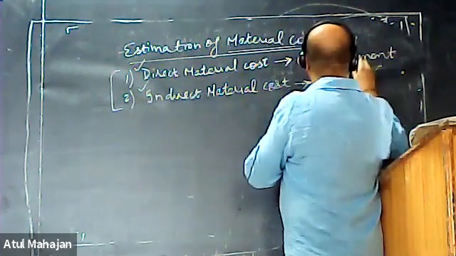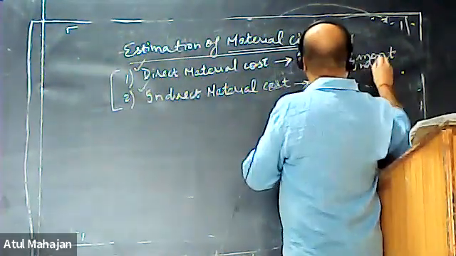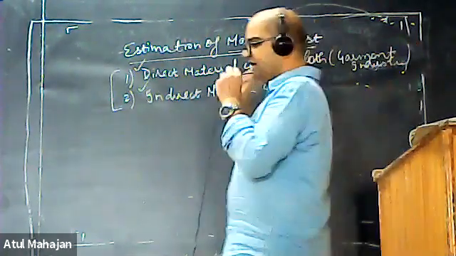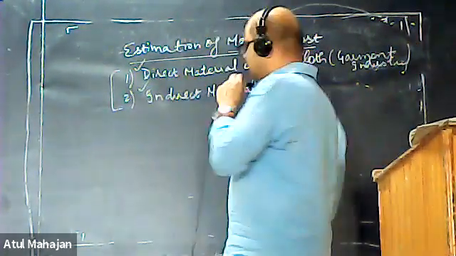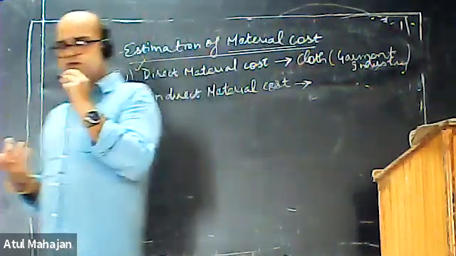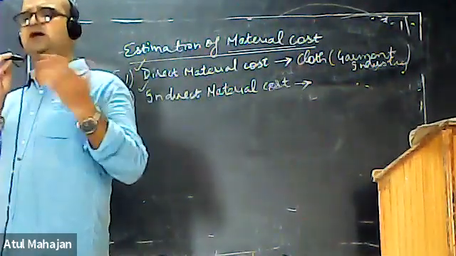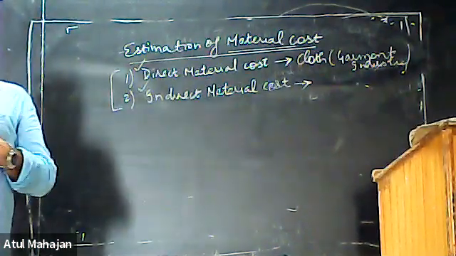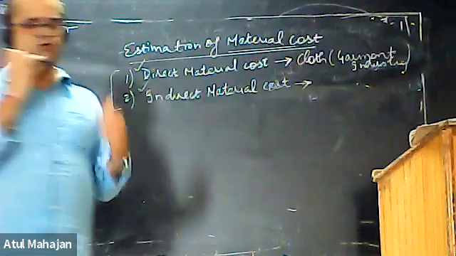So that comes under your direct material cost. Any other example? We can take any example. Suppose we are making mobile phones. What is the major material cost required for manufacturing mobile phones?